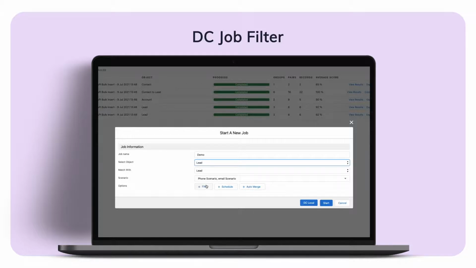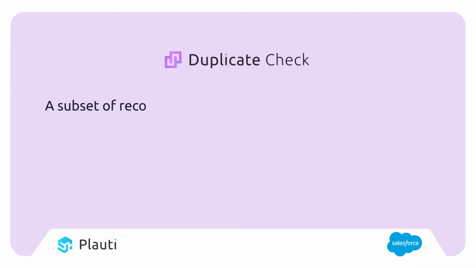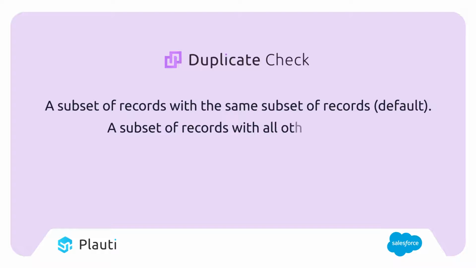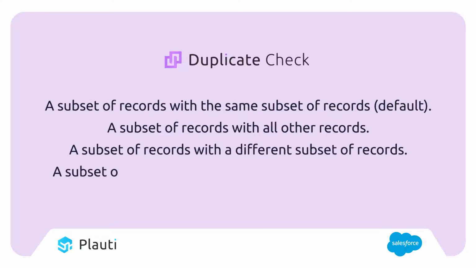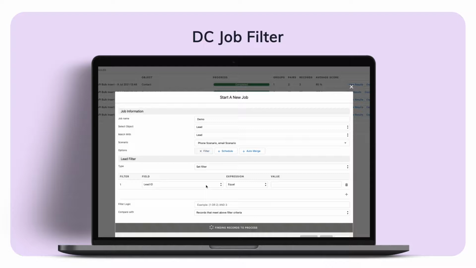In setting up the filter, it is possible to compare a subset of records with the same subset of records, a subset of records with all other records, a subset of records with a different subset of records, or a subset of a source object with a subset of a match object. An example of this is if you only want to compare records from the United States.